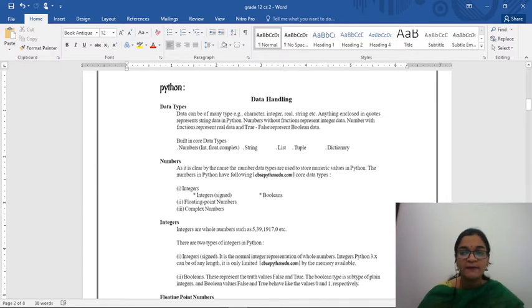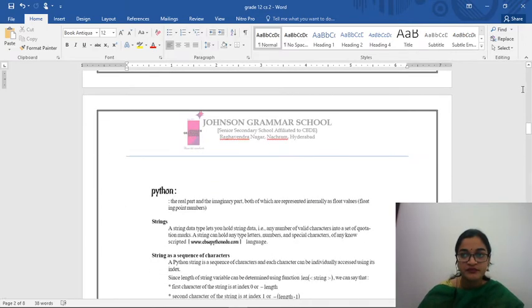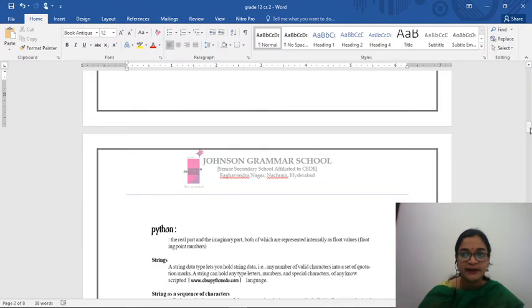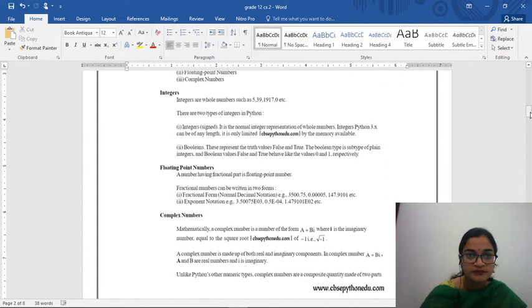So integer examples we have seen here. Integers are whole numbers which don't have any fractional part. You can give examples as 1, 2, 10, anything. Those are two types we have seen. Integer signed is the normal integer representation of a whole number.